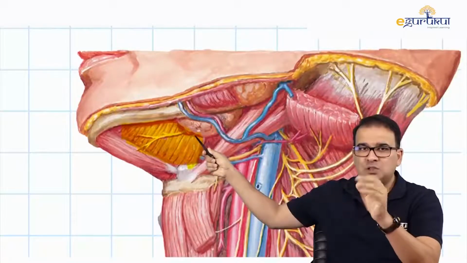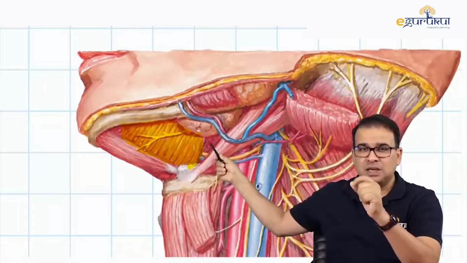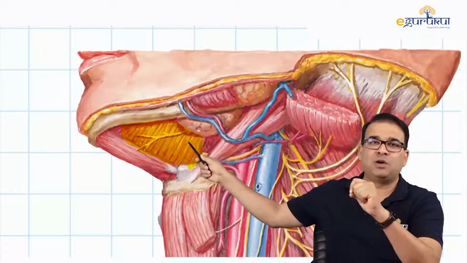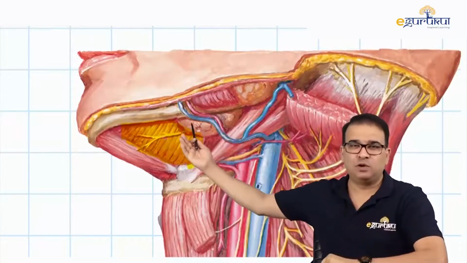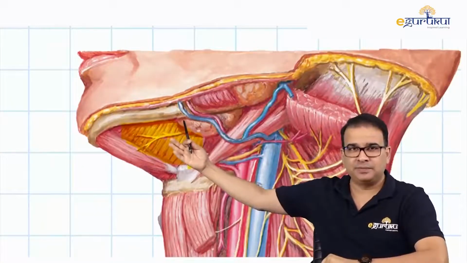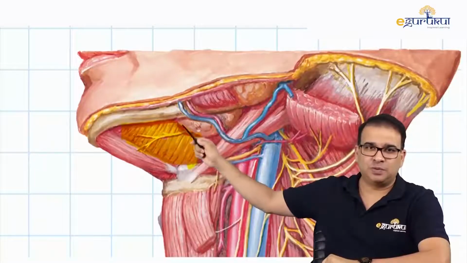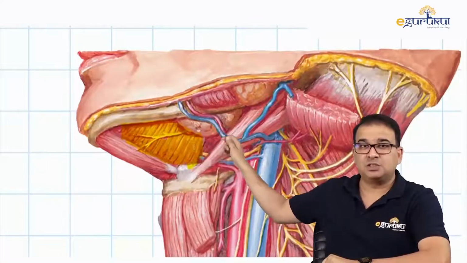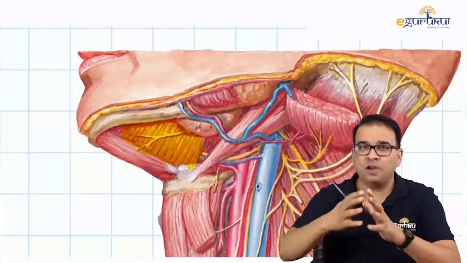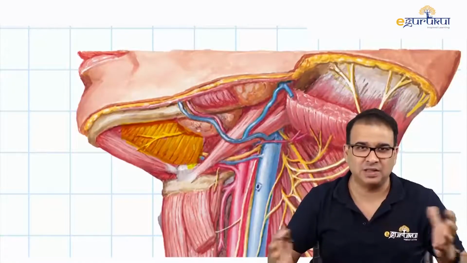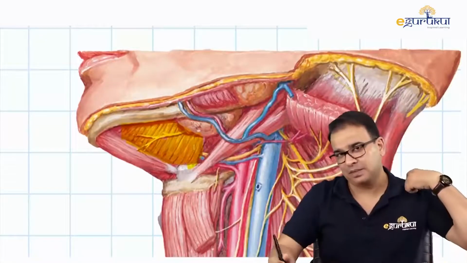Mylohyoid. All the superficial relations of hyoglossus are going to be the deep relations of mylohyoid. Whatever nerve or blood vessel goes in front, they will be deep to mylohyoid. Right? And then we have some structures superficial to mylohyoid, and some structures deep to hyoglossus. Collectively, all of them are present in the digastric triangle.